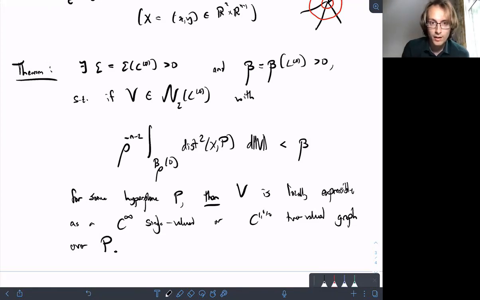You just have to show that this N epsilon of C is contained within a multiplicity two class. Then this follows from the results for multiplicity two classes and the fact that they're closed under weak limits of multiplicity at most two, using Allard regularity or Nishan's multiplicity two flat regularity results I stated last time.